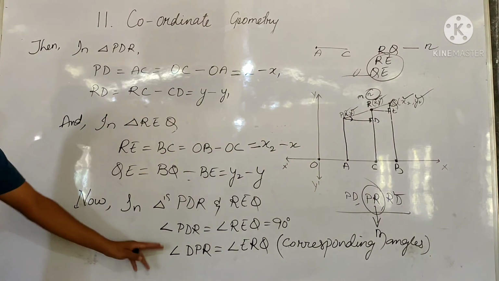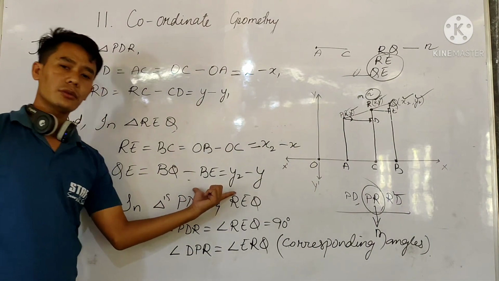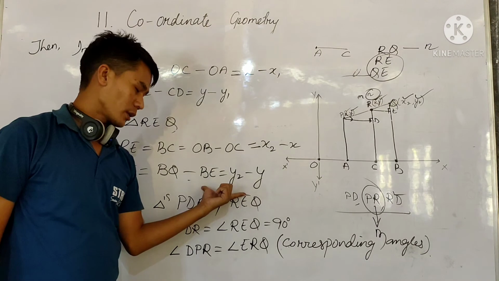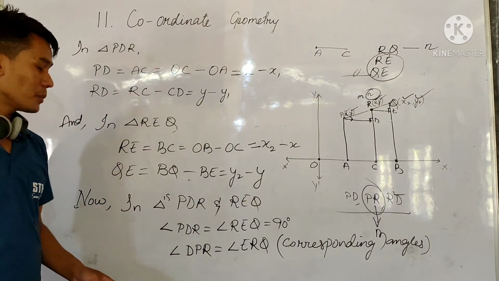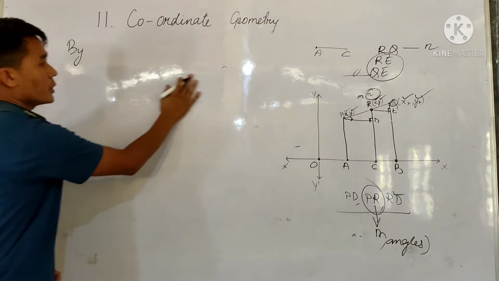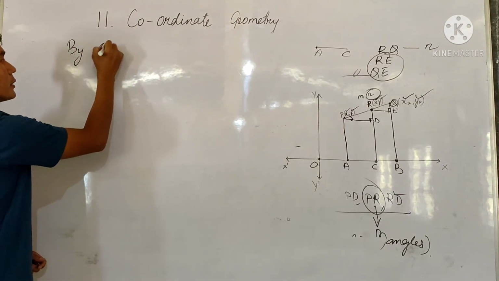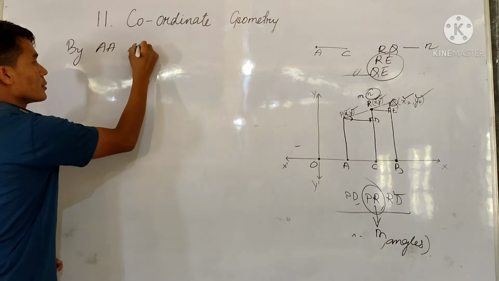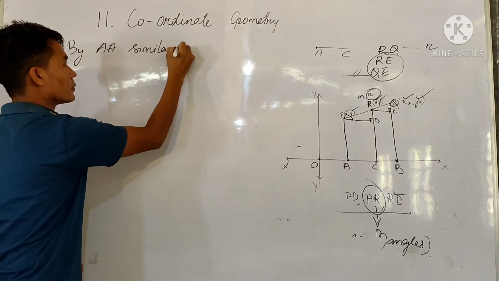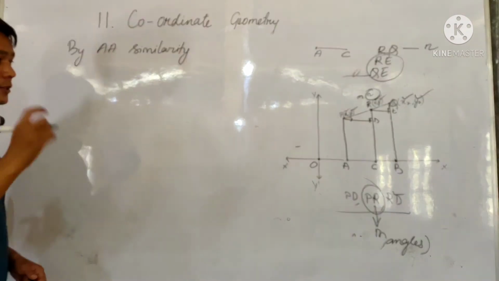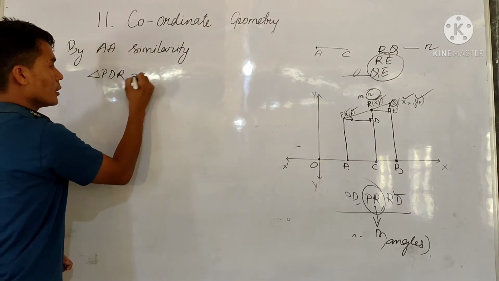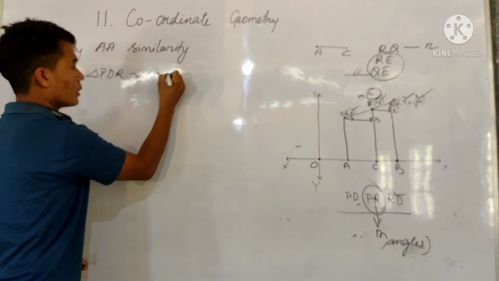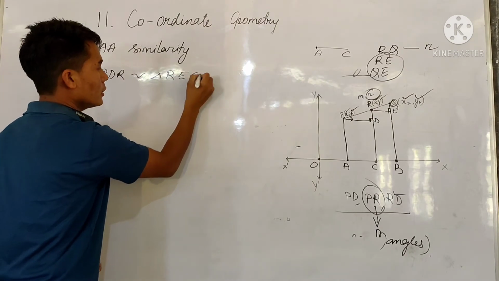So when we compare two triangles, if two pairs of angles are equal, then by AA similarity, we can say the two triangles, triangle PDR is similar to triangle REQ.